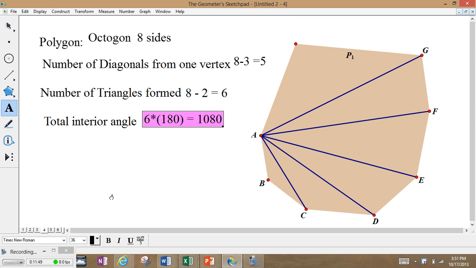And for the octagon, with 8 sides, we have 5 diagonals from each vertex, 3 less than the number of sides, and 6 triangles, 2 less than the number of sides. The total interior angle is the number of triangles times 180 each.